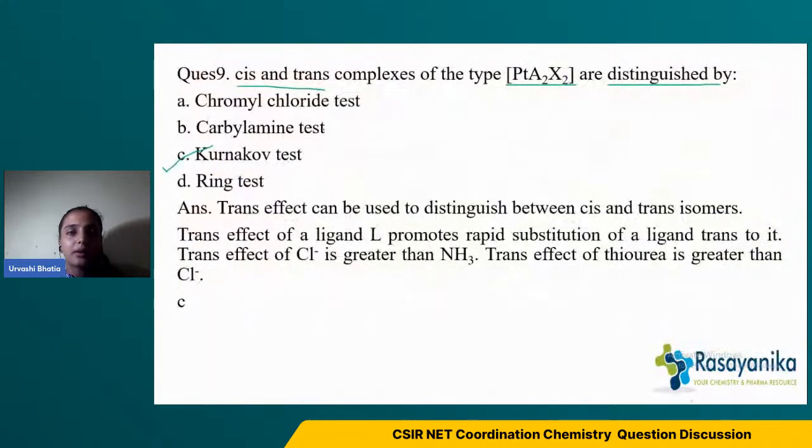So what is basically a trans effect? The trans effect of a ligand L promotes rapid substitution of the ligand trans to it. The trans effect of Cl minus is greater than ammonia, and the trans effect of thiourea is greater than Cl minus.